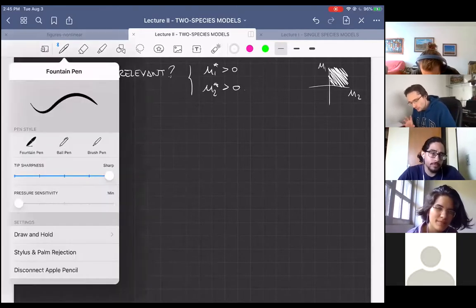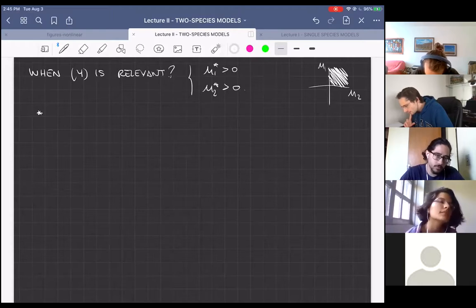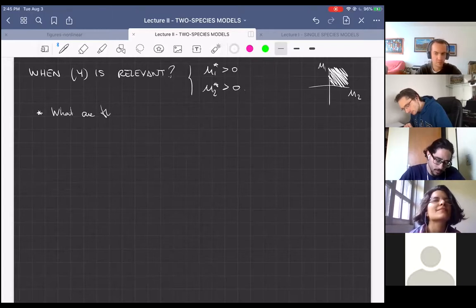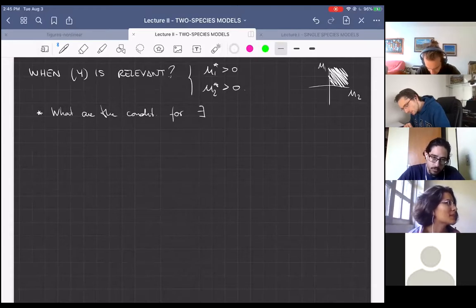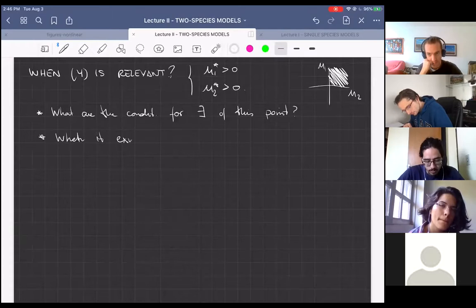So the question that we are going to address in this second hour is: what are the conditions for the existence of this point, and when it exists, when is it stable?